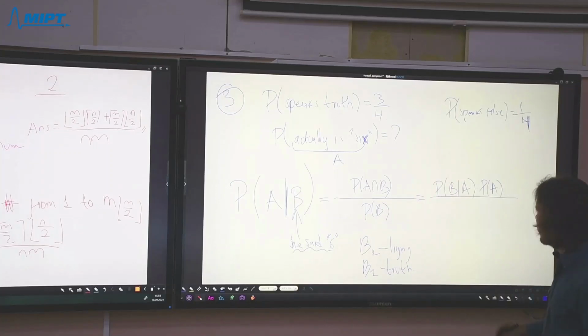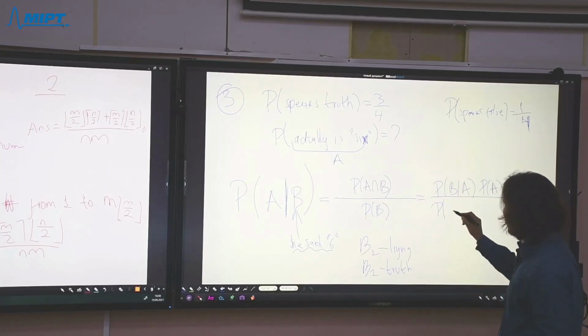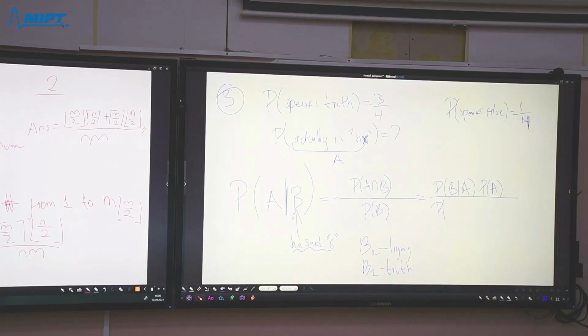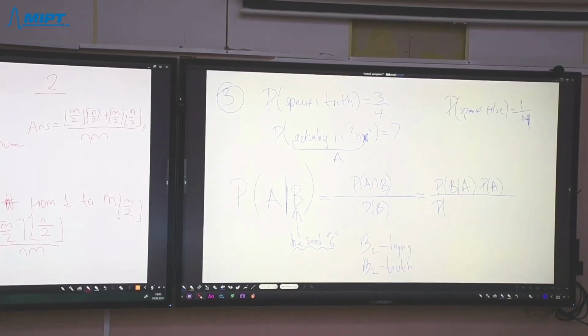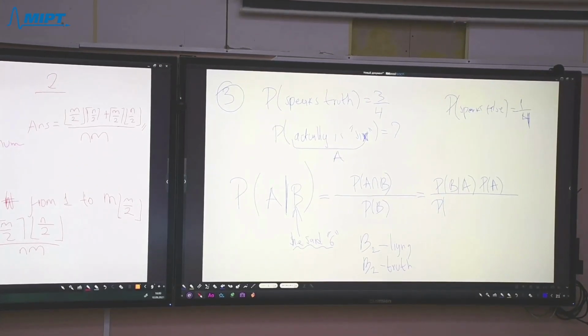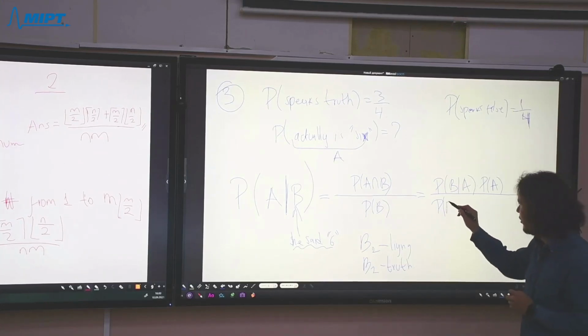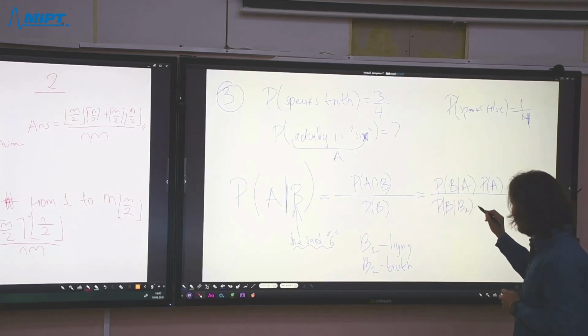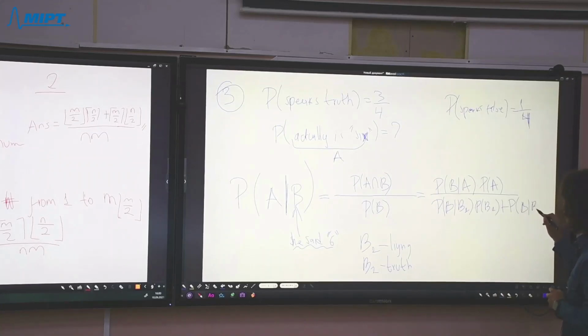So here we have to write the probability of B given B1. Okay, now let's compute everything here.